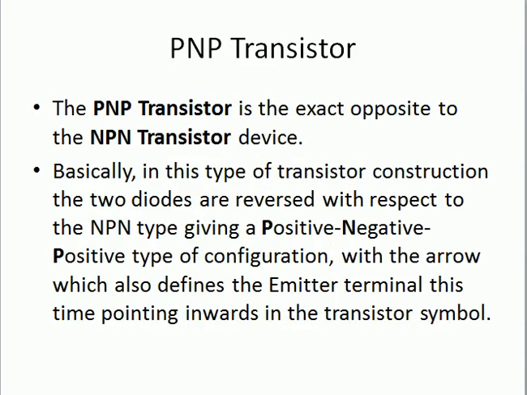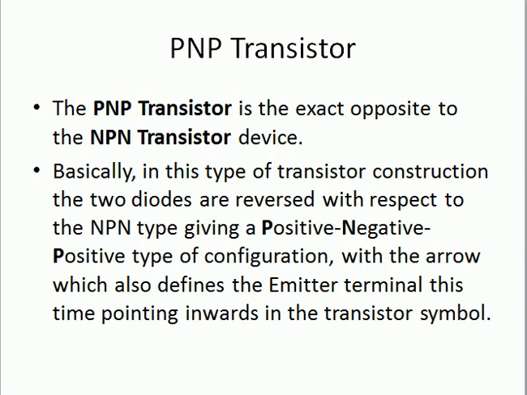First of all, the PNP transistor is also used for switching as well as for amplification, and it is exactly the opposite of the NPN transistor. Basically, in this type of transistor construction, the two diodes are reversed with respect to the NPN type, giving a positive-negative-positive configuration, because P, N and P are here, with the arrow which also defines the emitter terminal, this time pointing inwards to the transistor symbol.